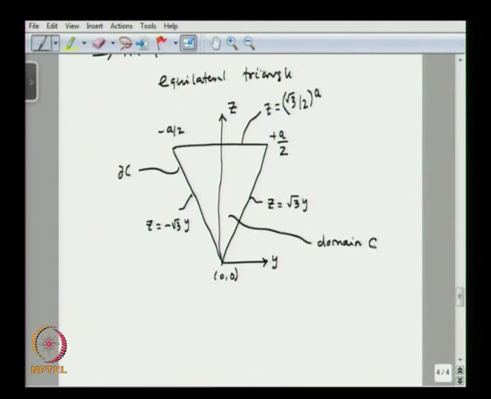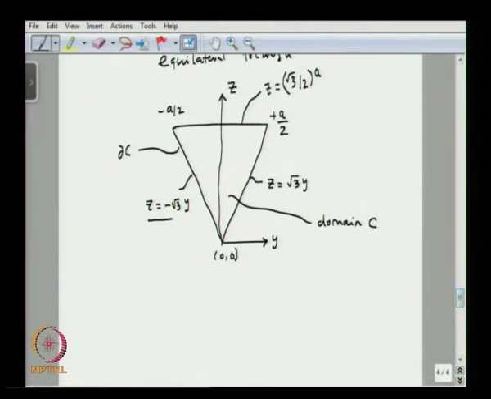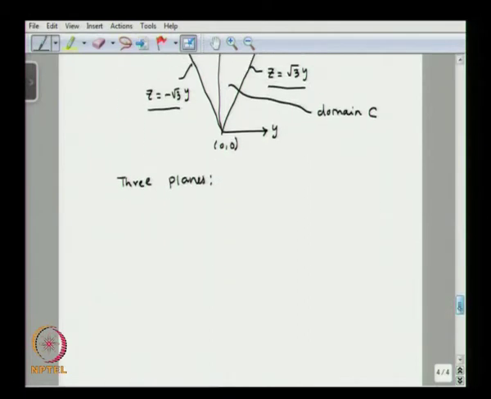So, in that case we see that the triangle is bounded by 3 lines. So, there are 3 planes that are forming the domain.